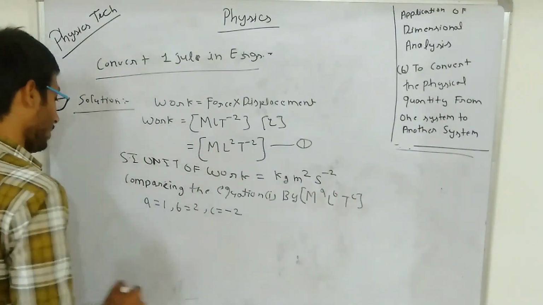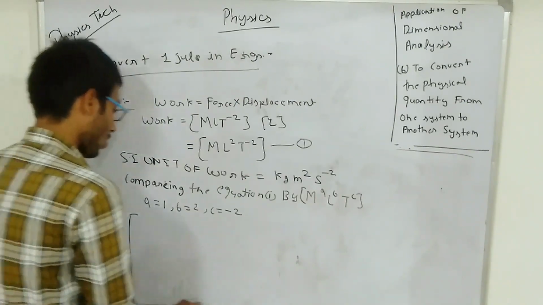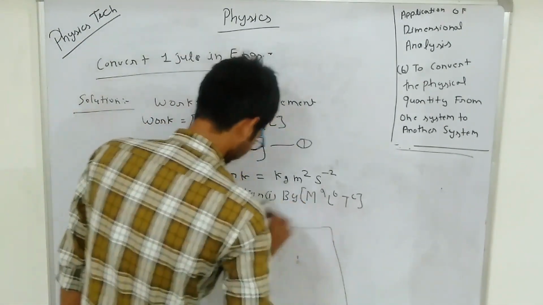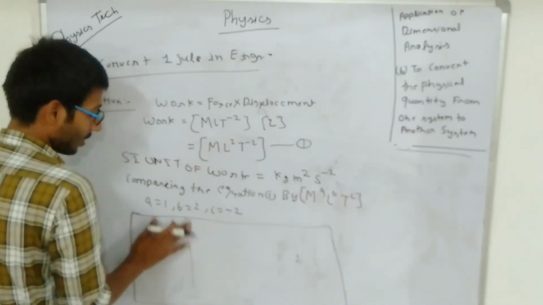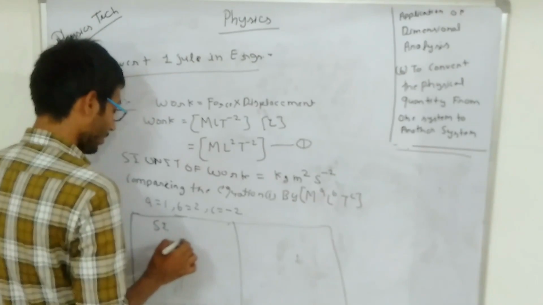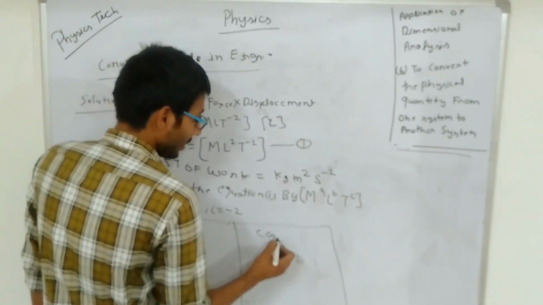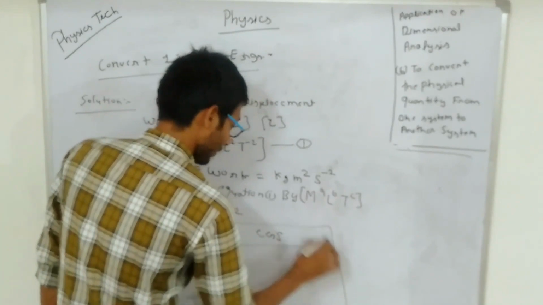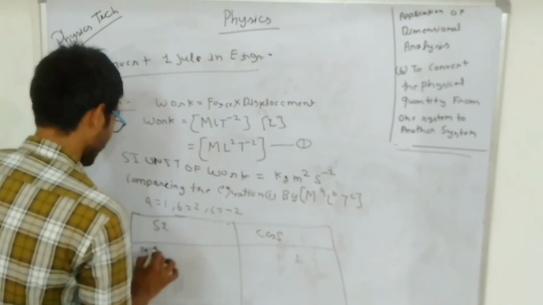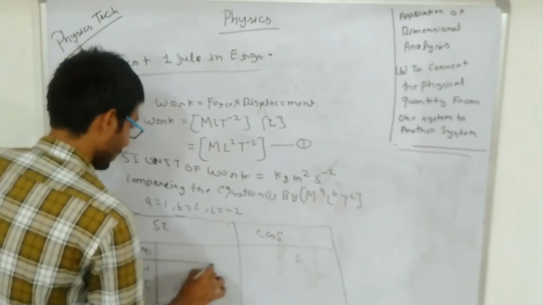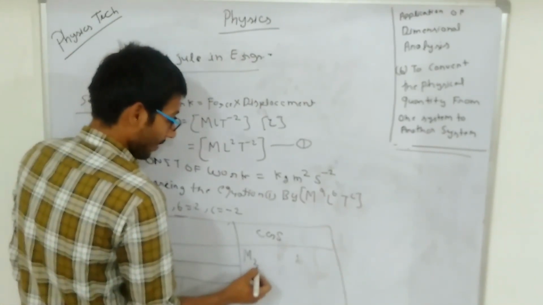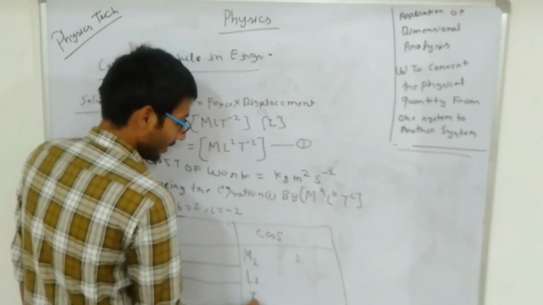Now we draw a box. Here SI unit and here CGS unit. Now M1, L1, T1 here, and M2, L2 and T2.